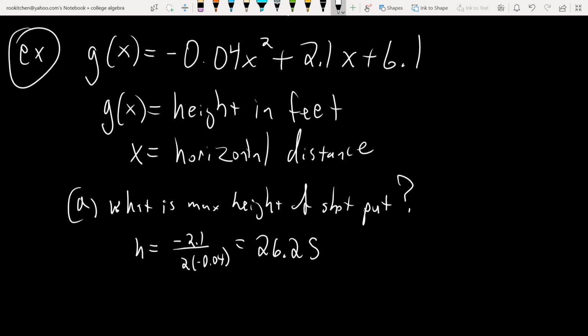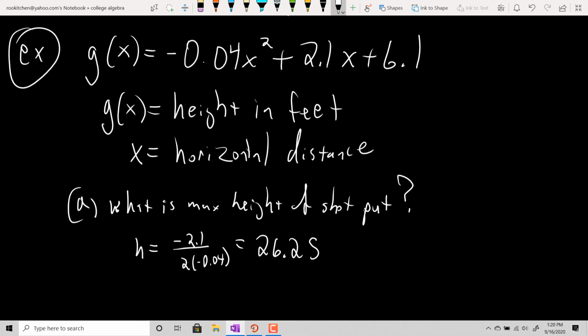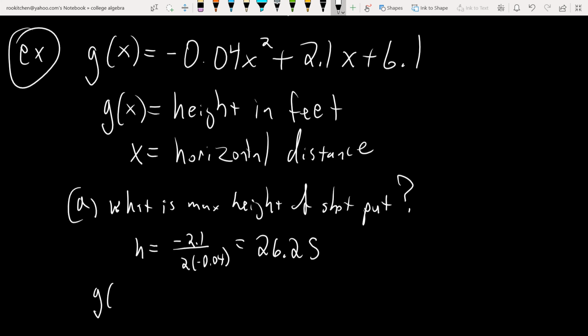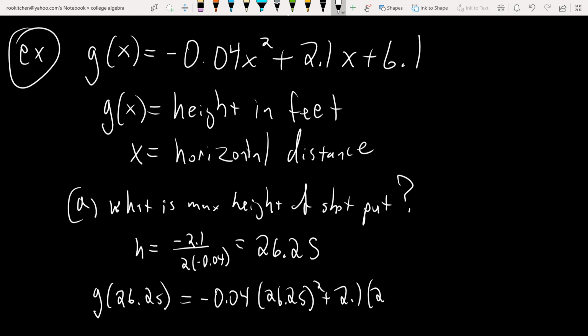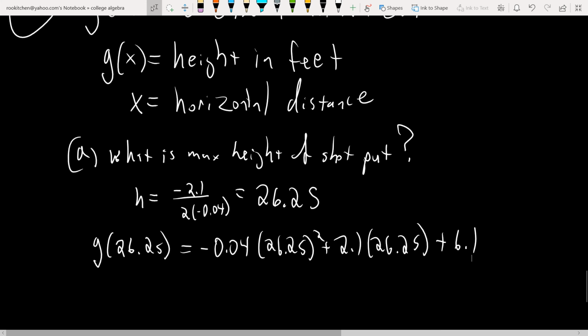The maximum height, you get that by plugging that number back into the formula, 26.25 into our formula, so that's negative 0.04 times 26.25 squared plus 2.1 times 26.25 plus 6.1. Okay, and then I calculated that already.